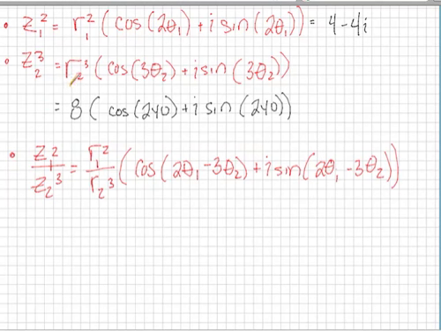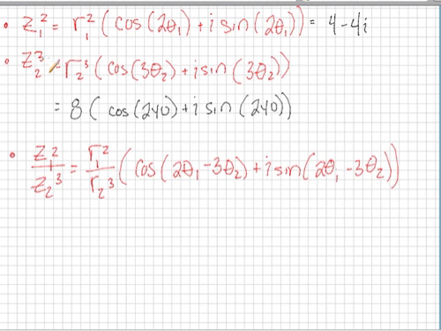So we now know by de Moivre's theorem that if we want to put z into polar form, z squared would be r squared times cosine of 2 theta 1 plus i sine of 2 theta 1.